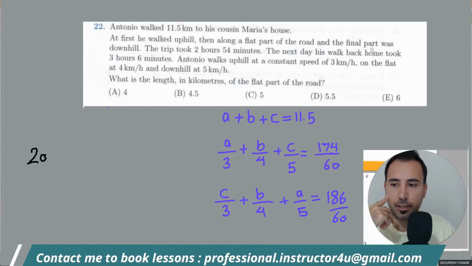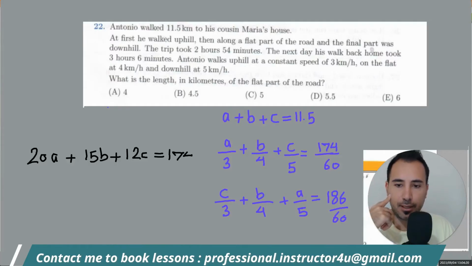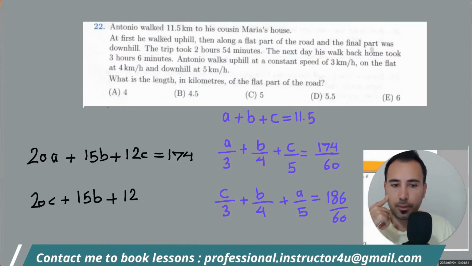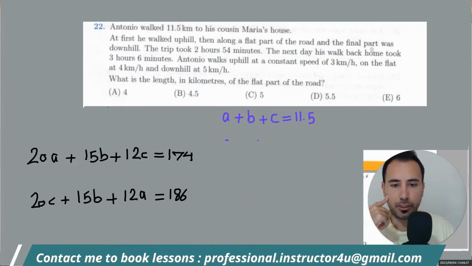We're going to have 20a plus 15b plus 12c is equal to 174. And here we're going to have 20c plus 15b plus 12a is equal to 186. Okay, so it's better if we got rid of all these fractions.